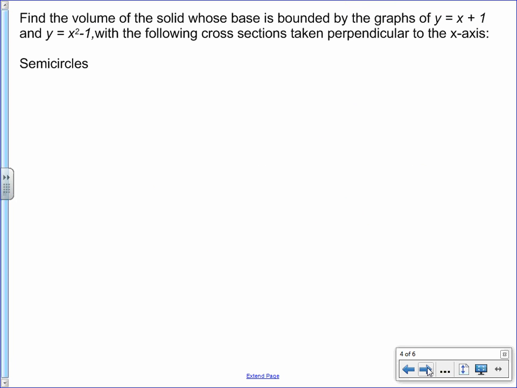Now, semicircles. So the problem asks you to give one function, and then it asks to do multiple different shapes. Probably not multiple different shapes, but I don't know. Because we're using the same function or shape.